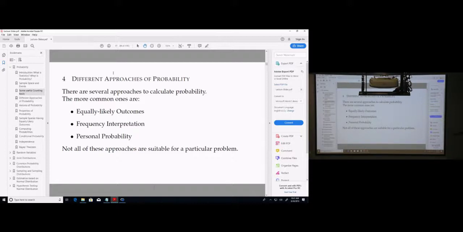For example, I roll a die, and you say the probability of getting 1 is 1/6, and 2 is 1/6, and so on. You are basically assuming the die is fair, not loaded. If you notice in some movies or in casinos, very often the die is red.